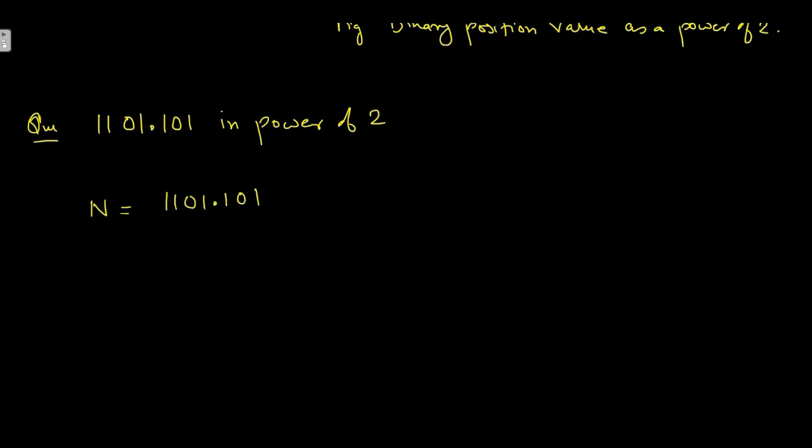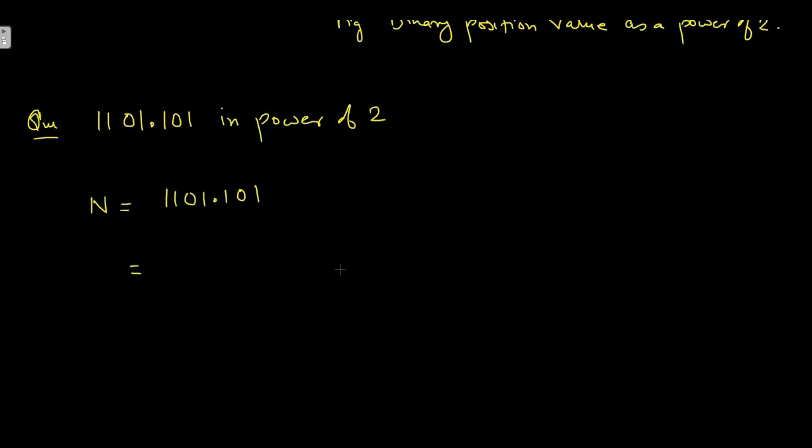and in power of 2 it can be written as follows. First we focus on the binary point. Before the binary point there is 1101 and after it is 101. So accordingly we can write each bit as a power of 2.